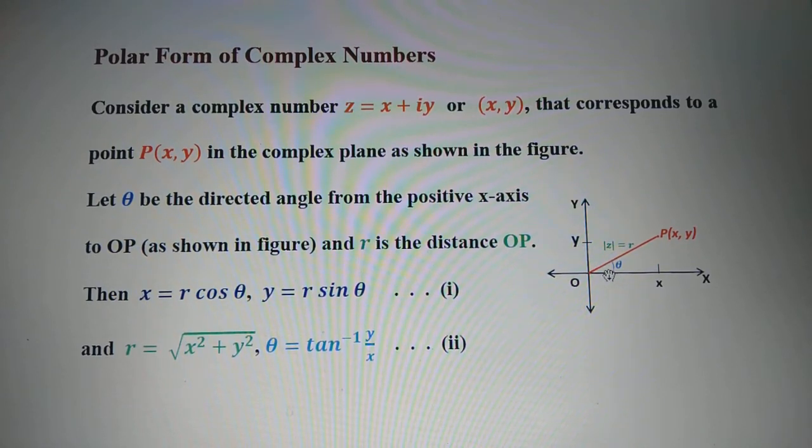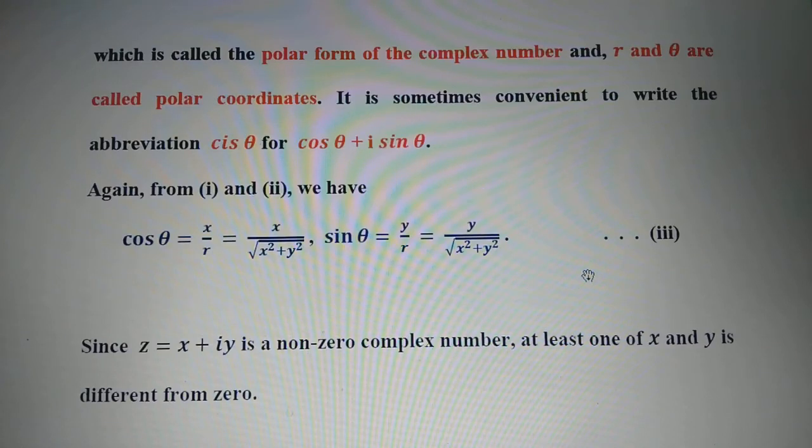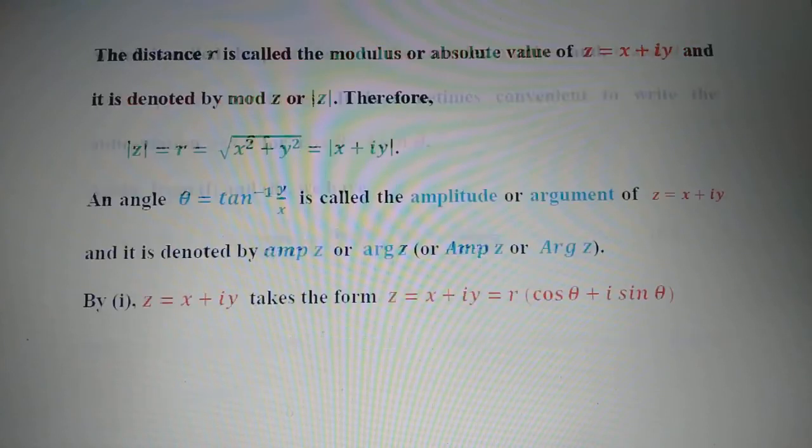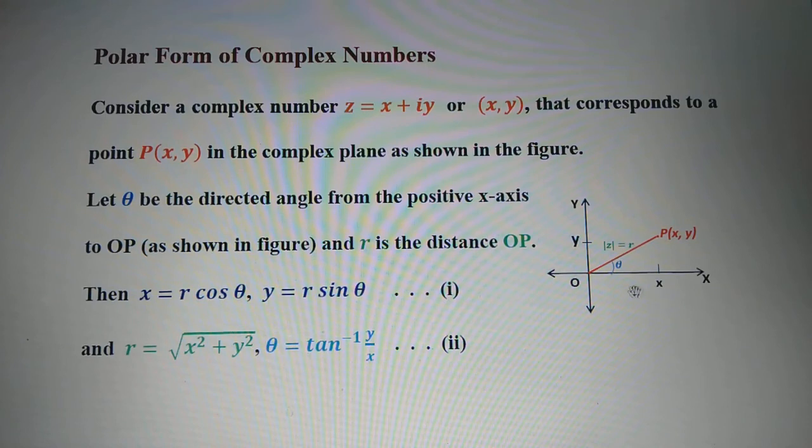Okay, because this theta is measured from the positive direction of x-axis to the line joining the complex number and the origin. So if the complex number is represented by the point and that point is on the y-axis, then theta is pi by 2.